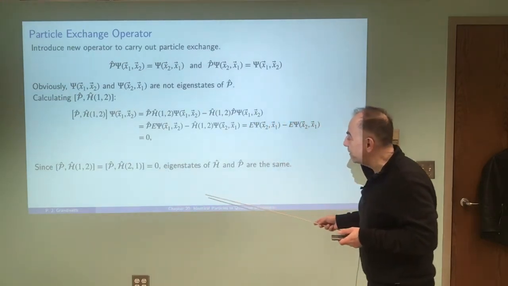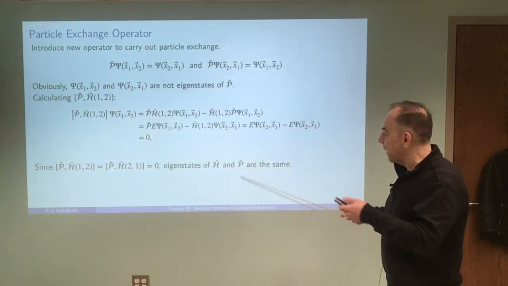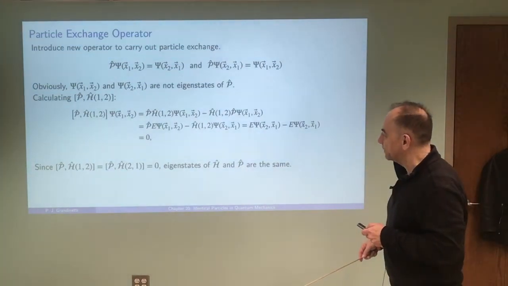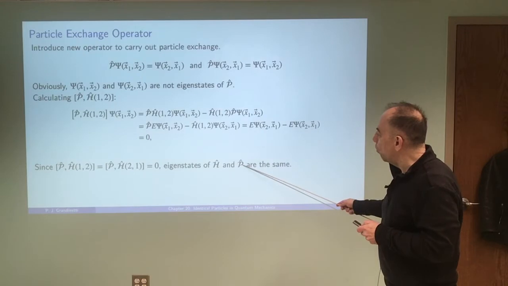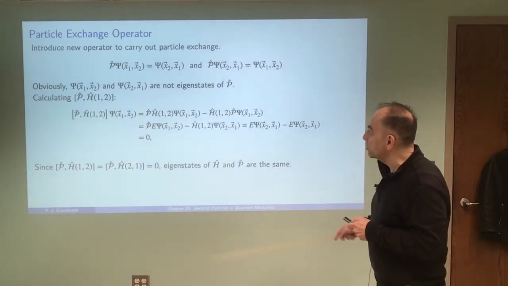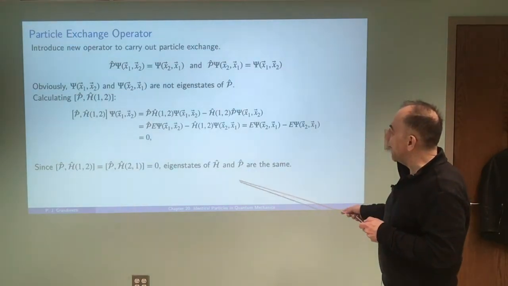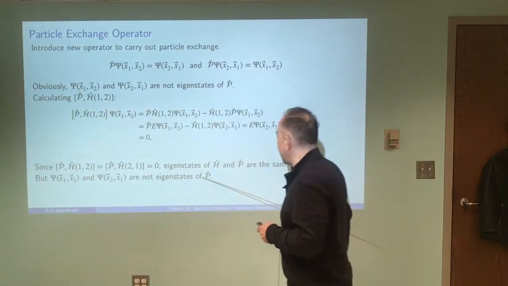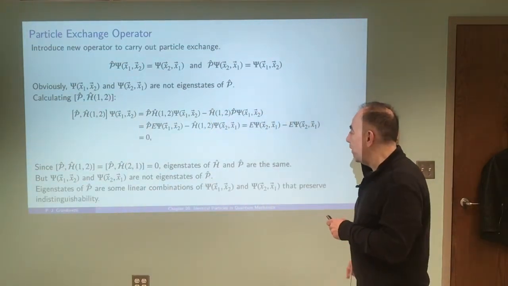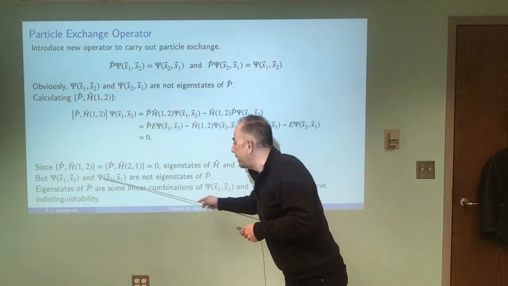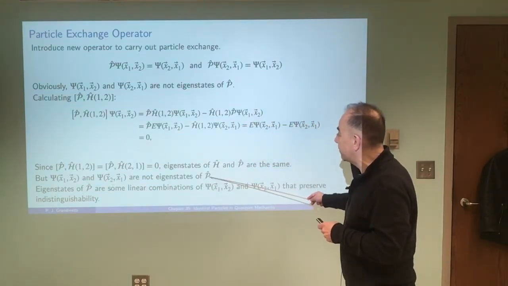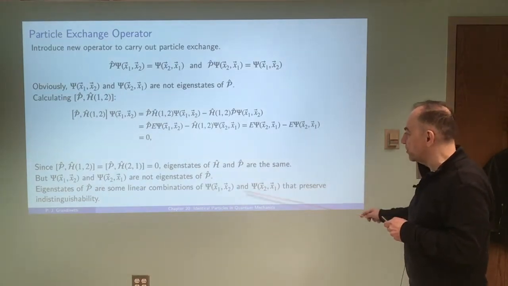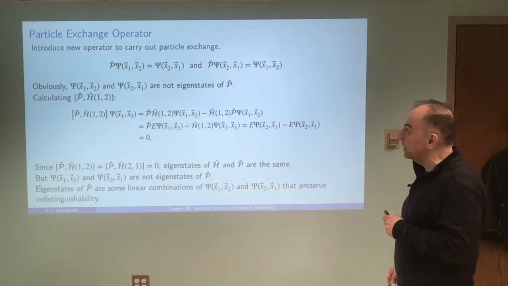And if it's equal to 0, that means that H and P have the same eigenstates. All right? So what are the eigenstates of P that are also the eigenstates of H that will allow us to solve this problem? Since these guys are not the eigenstates of P, we find that there must be some linear combination of these which will be eigenstates of P and also eigenstates of H. And that will preserve our indistinguishability.